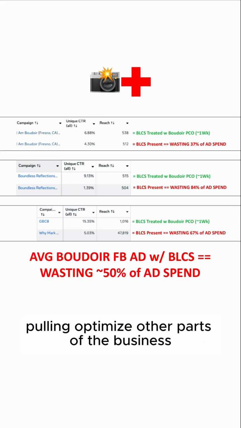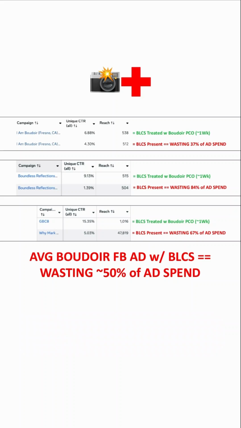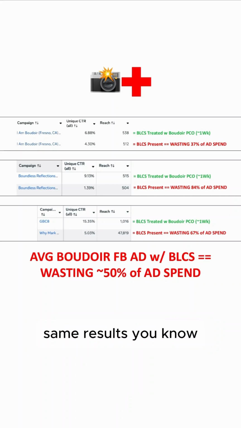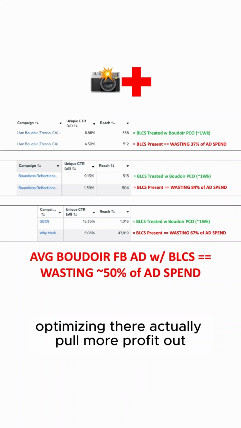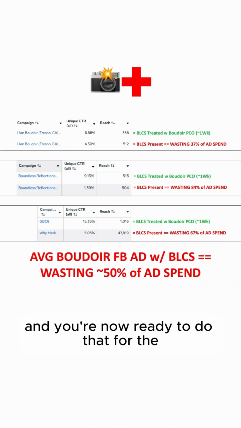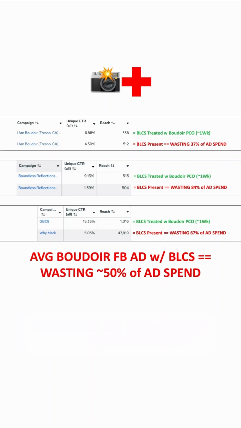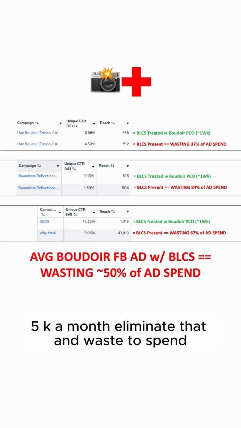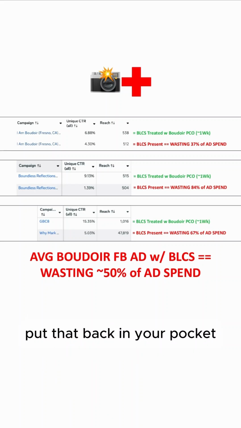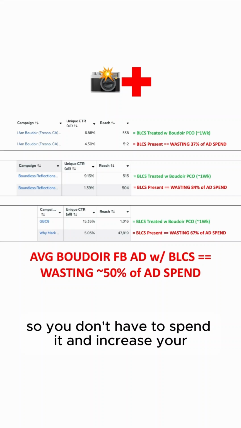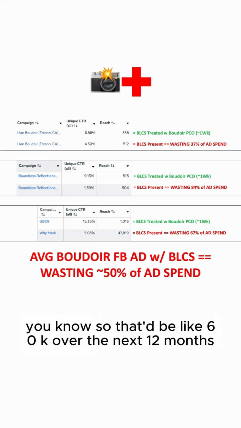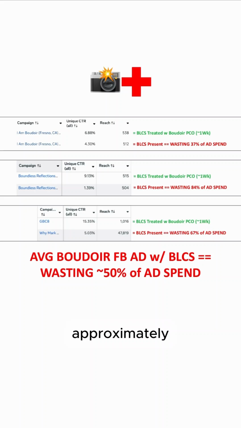You're already optimizing other parts of the business: same effort, more results, or less effort, same results. Optimizing there actually pulls more profit out. And you're now ready to do that for the Facebook ad part of your business, because you see that with Boudoir Pico you can save on average approximately 5K a month. Eliminate that wasted spend, put that back in your pocket so you don't have to spend it. That would be like 60K over the next 12 months approximately.